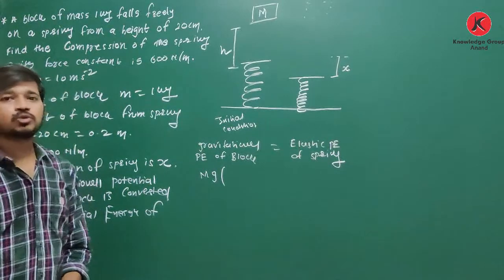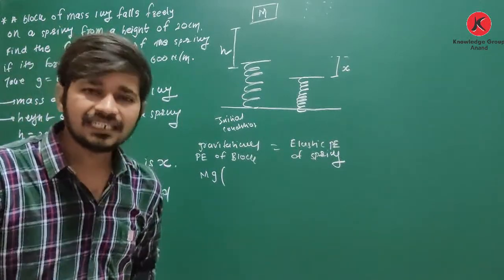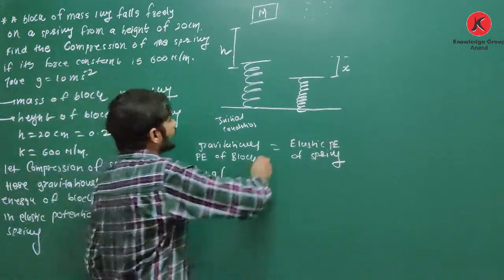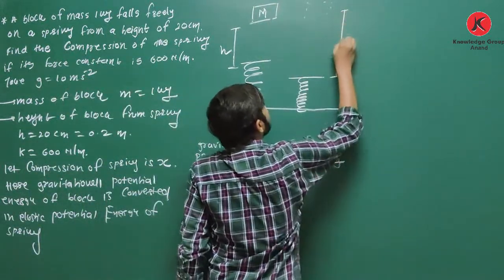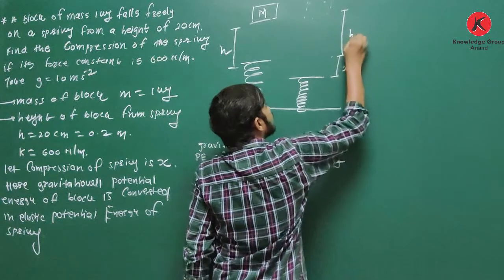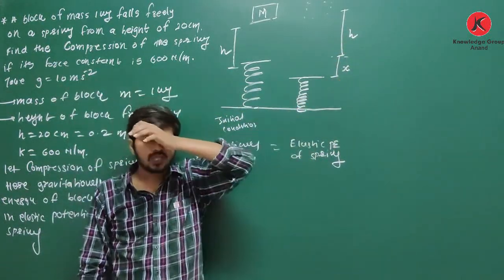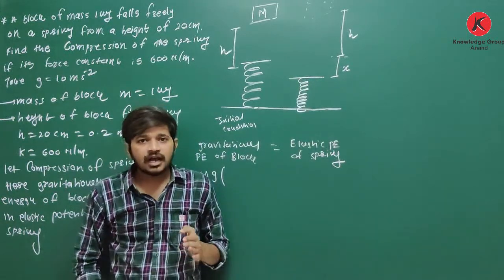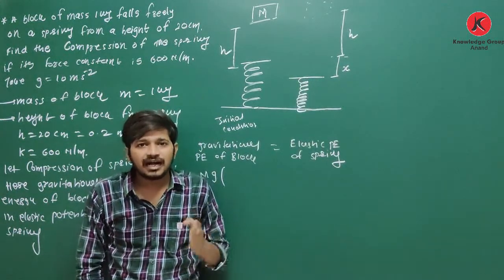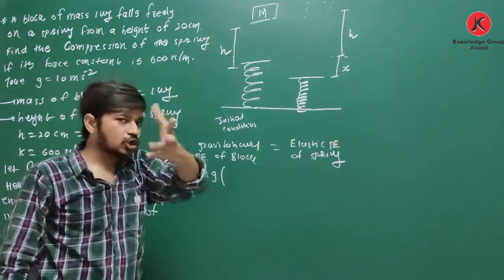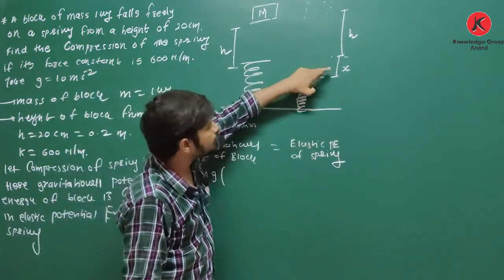Now, what is the total height covered during compression of this spring? The initial height between block and spring is h. Now there is compression of the spring, that is x. So what height is covered by this block? Only h? No, it is h plus x.